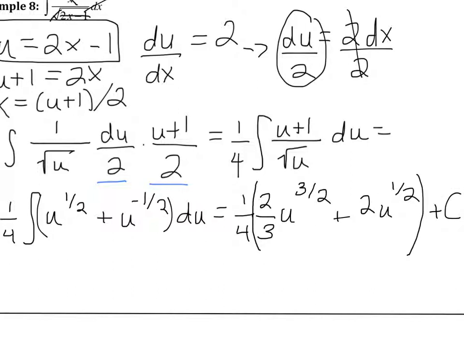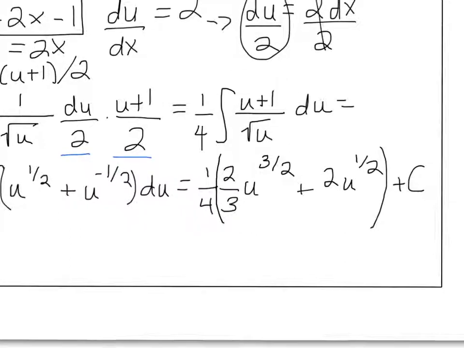Now all we got to do is clean this up. I'm going to clean this up right down here. So we'll have 1/4 times 2/3. Geez, what was u? 2x minus 1.